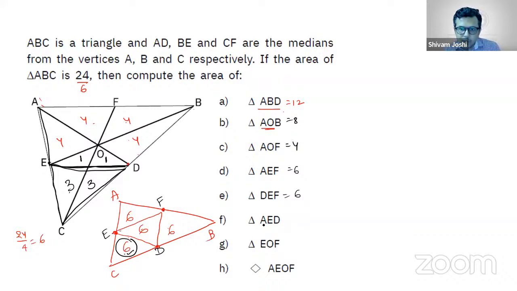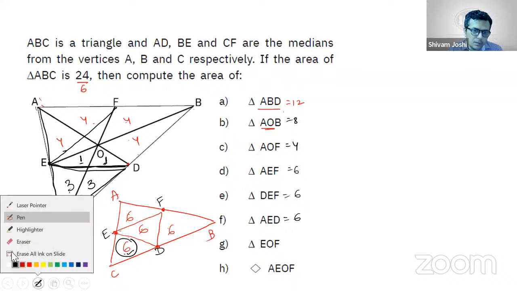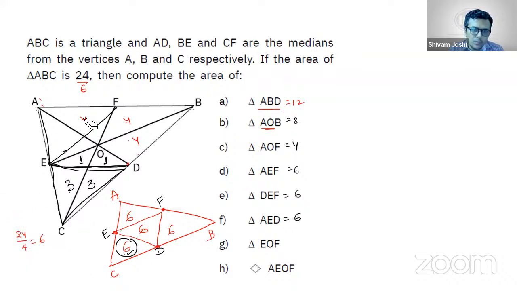Now can we answer AED? AED. So that is going to be 4, 5, and 6. EOF. Same thing. I think we can split all these 4s into 3s and 1s. Correct. This is 3 and 1.